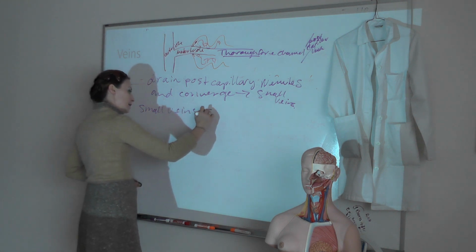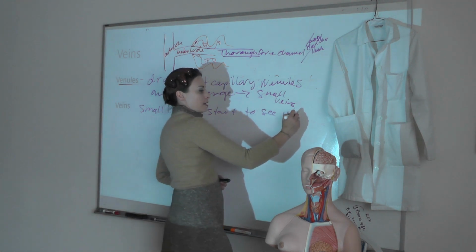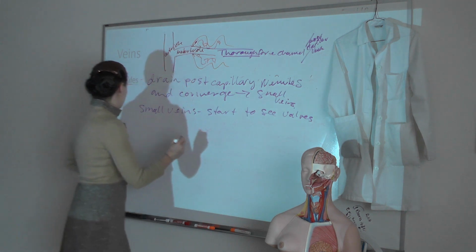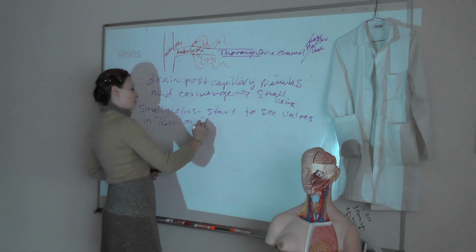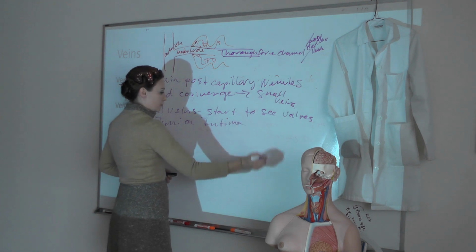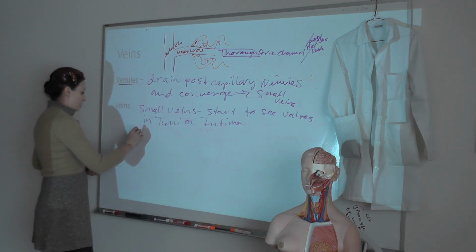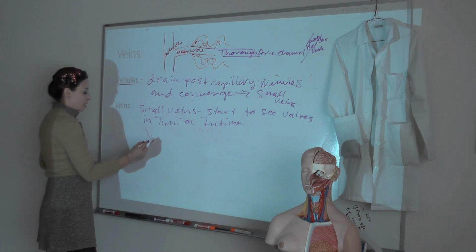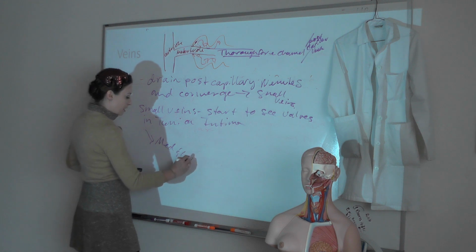In our small veins, we start to see valves in our tunica intima. And then we'll find them all the way as we continue converging and converging, as our small veins converge to become our medium and large veins.